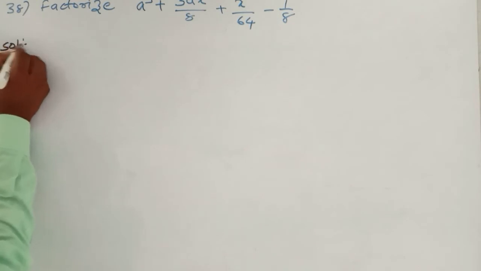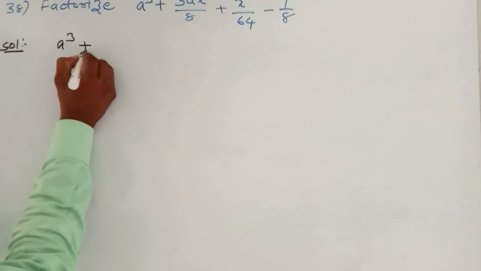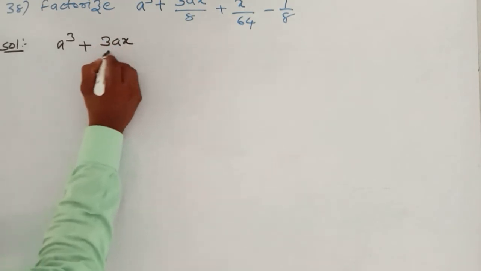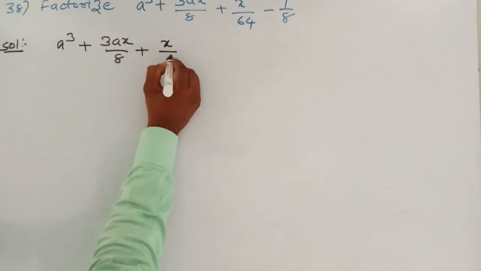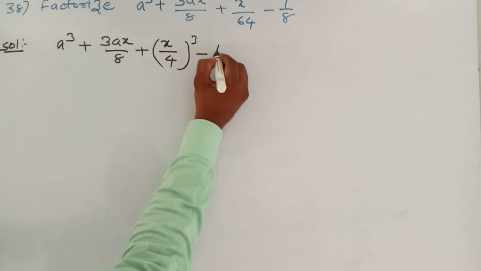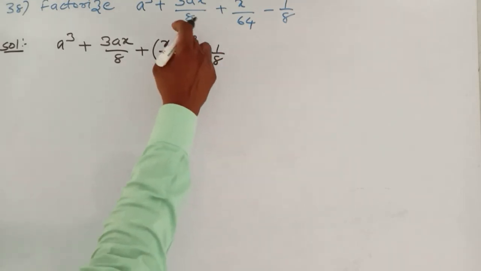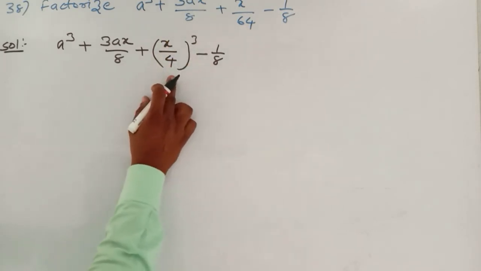So here the solution is a cube plus 3ax by 8 plus x by 4 whole cube minus 1 by 8. So x by 4 whole cube is x cube by 4 cube, which is 64. So x cube by 64.